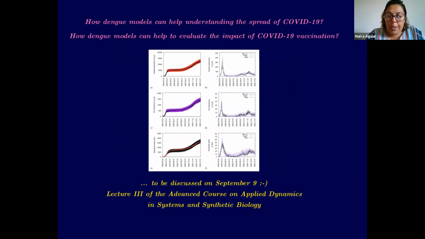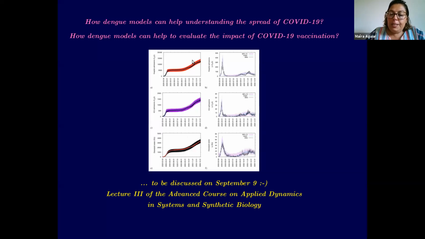We have done much more in dengue, and you can take a look at the publications. They are really didactical, even if you are not a modeler, it's easier to understand, modestly speaking. And the next lecture would be how our learning process on dengue can be used to understand the spread of COVID-19, and how it can be used to evaluate the impact of COVID-19. So this is only to give you a bit of flavor.